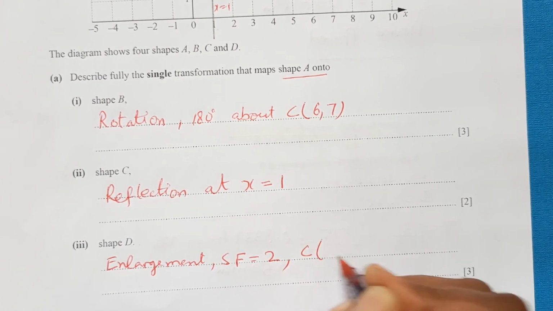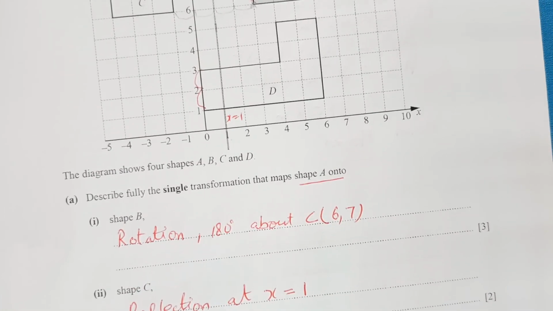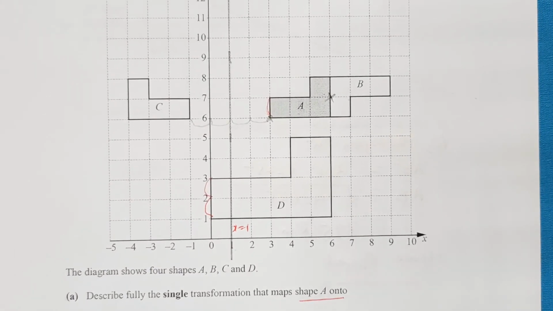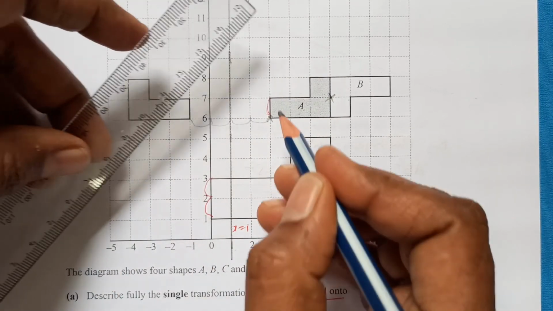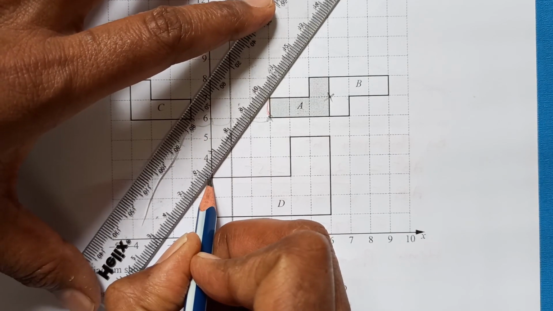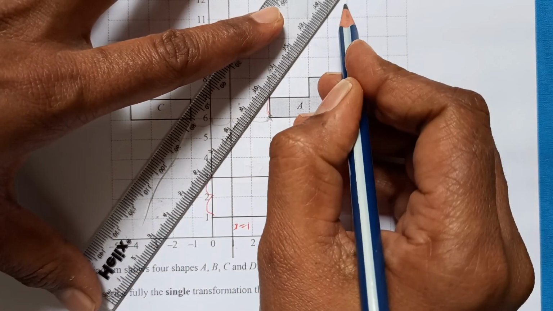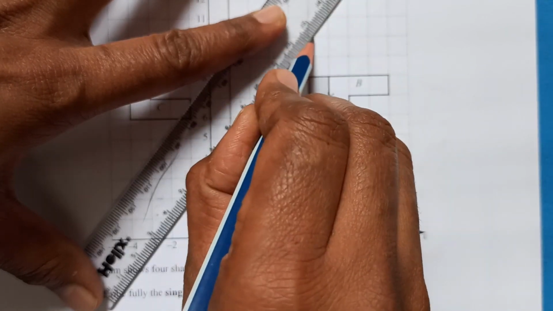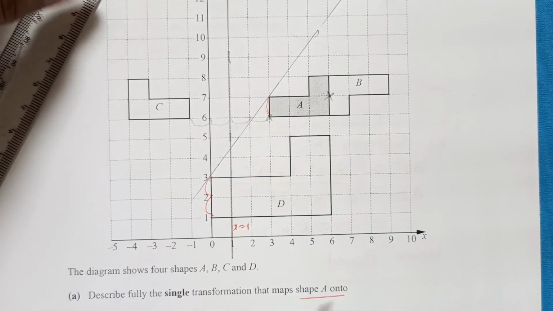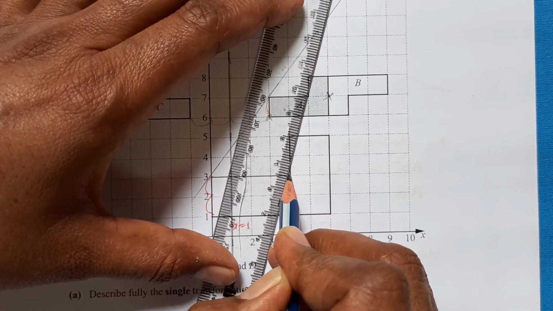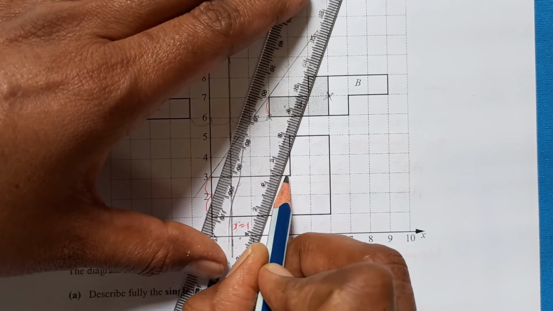Now we need the center. For the center, you can join the corners. I can join this corner here and draw dotted lines for this, like this. Take any 2 or 3 corners.